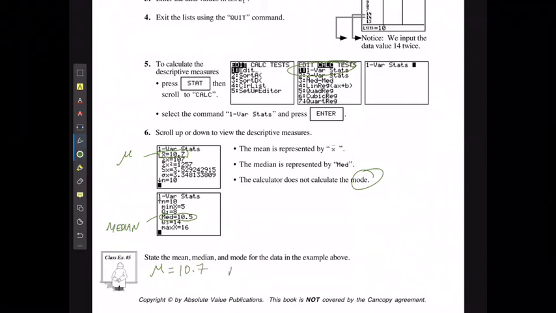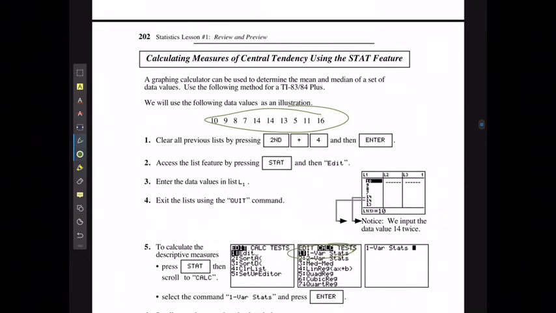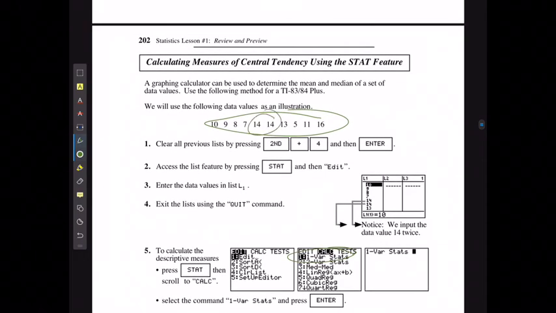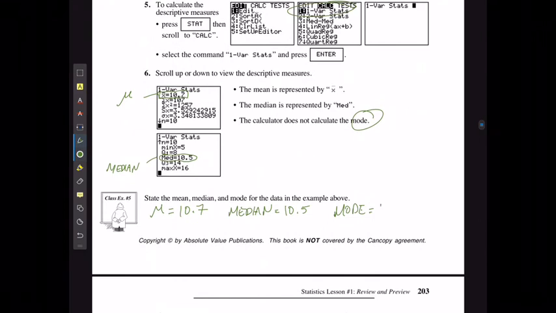I'm going to say that the median is equal to 10.5. And for the mode, I can go back up, look at my numbers, and say, well, which one occurred the most? 14. 14 is the only one that occurs more than once. So I got a mean of 10.7, a median of 10.5, and a mode of 14.